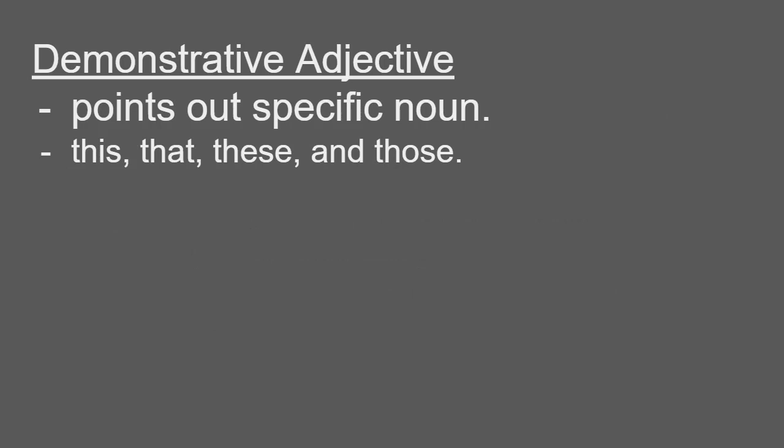If you see my previous tutorial about pronouns, you'll also see demonstrative pronouns. This, that, these, and those stand for pronouns in that tutorial. But here, those are used as adjectives. Those are modifying nouns.